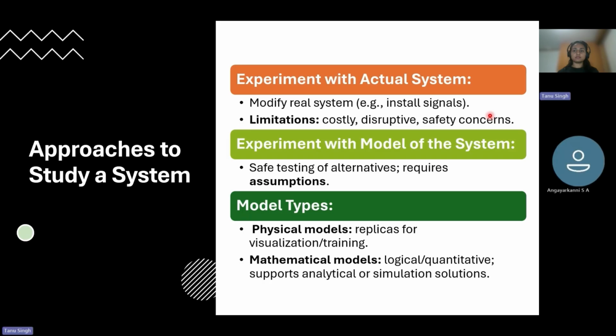First is the physical model, which we use for visualization or training. If we have to just visualize before constructing, planning, or designing on the real road, we do the physical model. And when we have to do the analysis, then we do mathematical modeling.